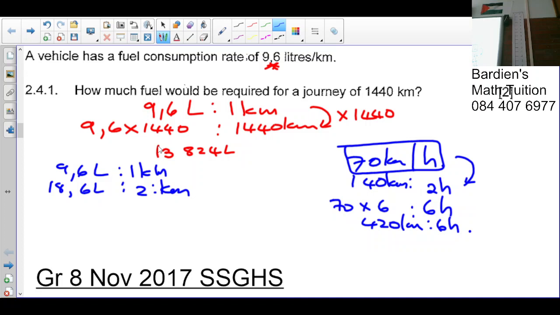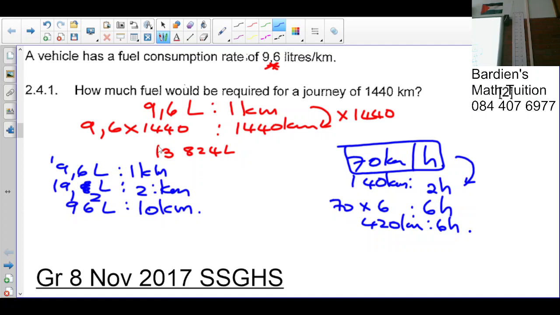So in 10 kilometers, I must multiply it by 10. So it's 96 liters. Can you see that?